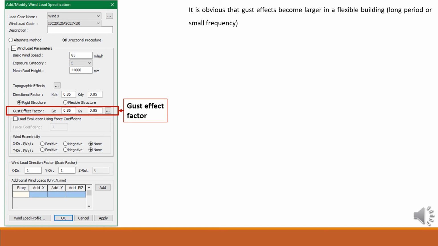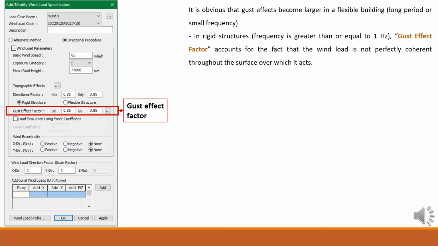It is obvious that gust effects become larger in a flexible building, long period or small frequency. In rigid structures, frequency is greater than or equal to 1 Hz. Gust effect factor accounts for the fact that the wind load is not perfectly coherent throughout the surface over which it acts.